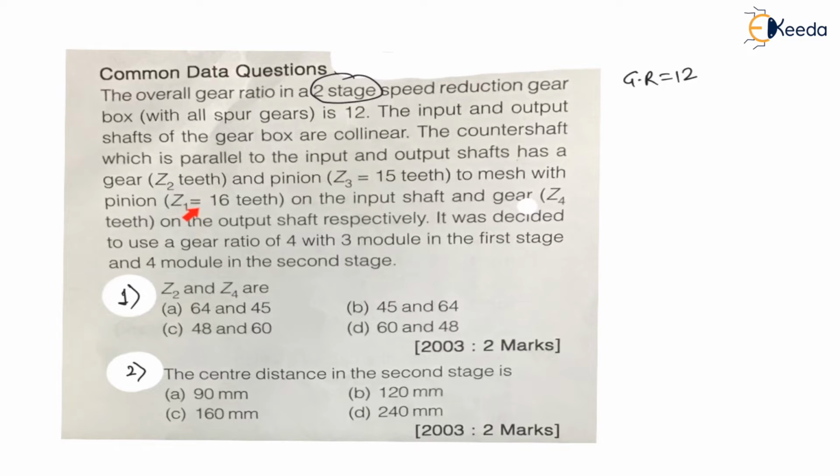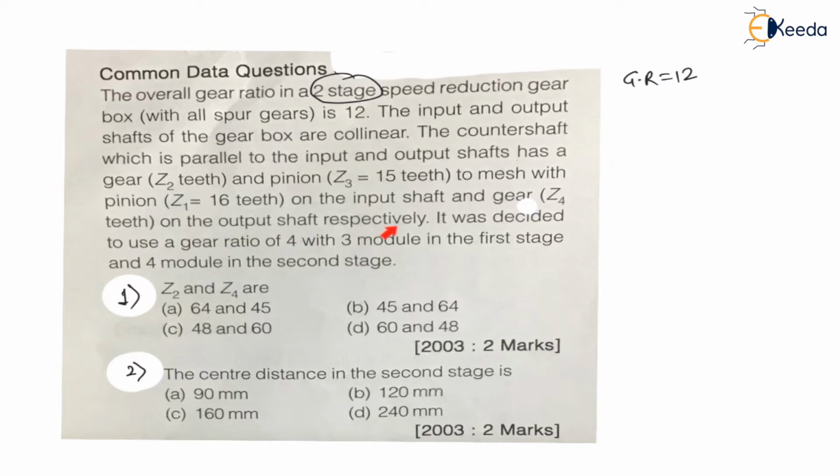See, Z1 is input and Z4 is output. Z1 will come into contact with Z2, that is first gear with second gear, and third gear will come in contact with fourth gear. Gear 2 and gear 3 are on the same shaft, and the axis of first gear and fourth gear is collinear. This is mentioned here.